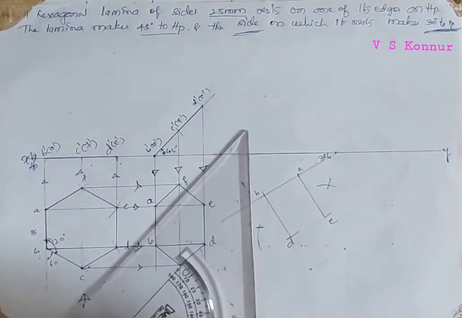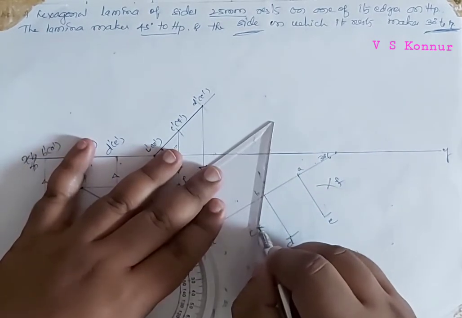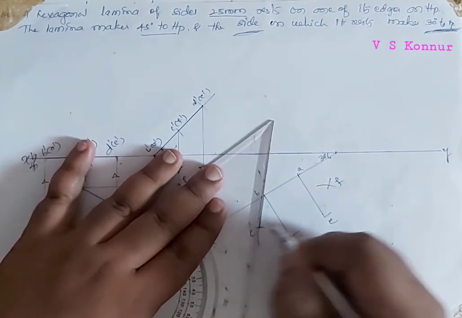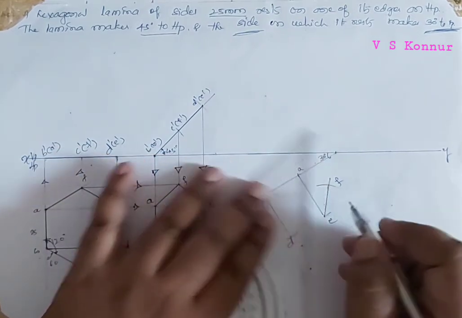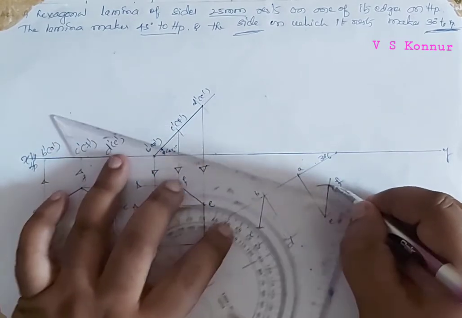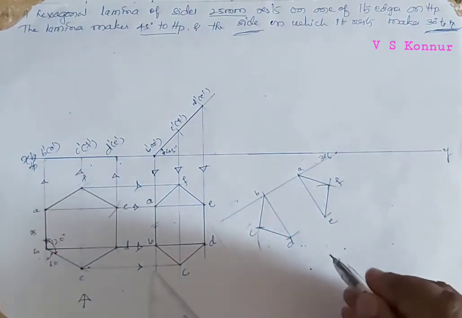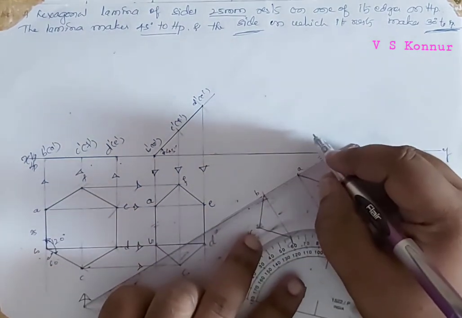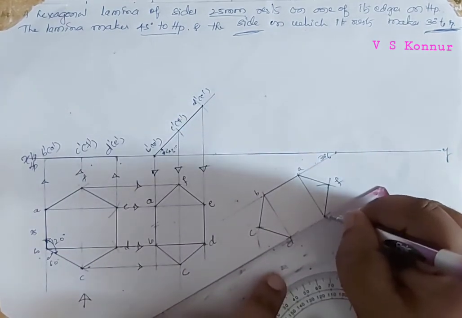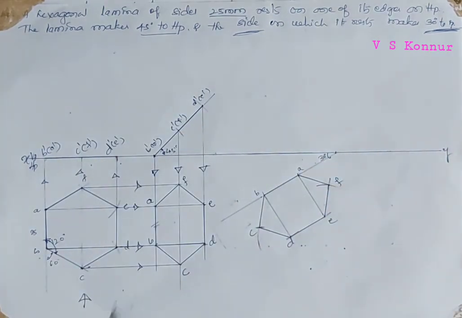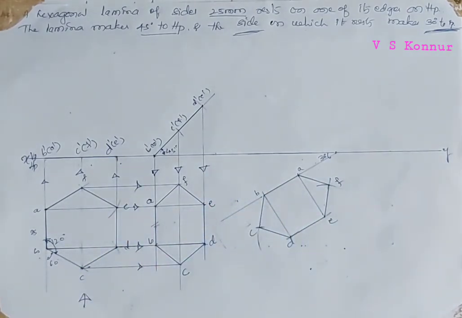Then join these points, we'll get C point and F point. Make the other lines also dark, that is A to B and B to D. So this is how the resting edge is inclined at an angle of 30 degrees. This is how you have to draw. The construction is very easy.